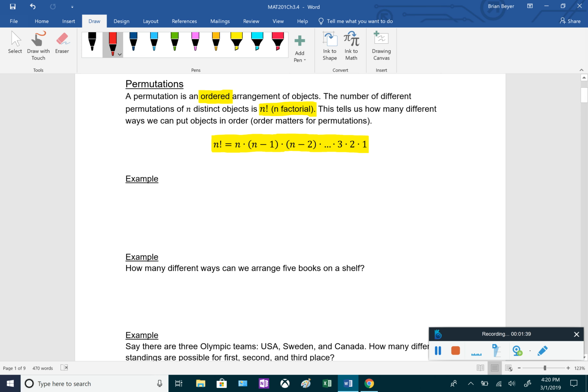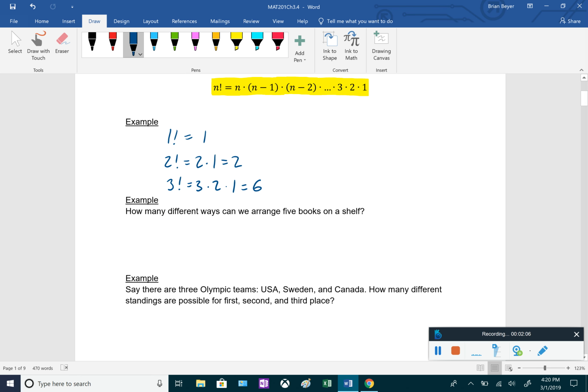So for the first one, let's just do 1 factorial. 1 factorial is actually just 1, so that one's pretty easy. 2 factorial is 2 times 1, so that's 2. 3 factorial is 3 times 2 times 1, so 6. You can probably see that you don't really need to write the 1 because multiplying by 1 doesn't change anything.